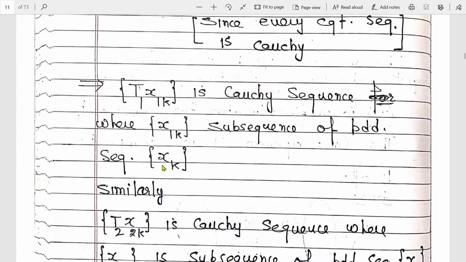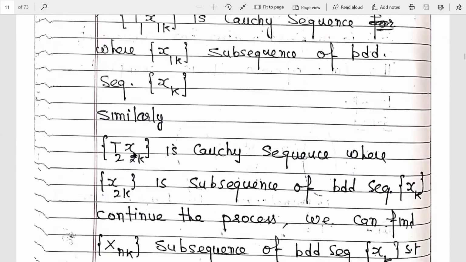Similarly, for T2, T2x2k is a Cauchy sequence where x2k is a subsequence of the bounded sequence xk, as in the previous result.